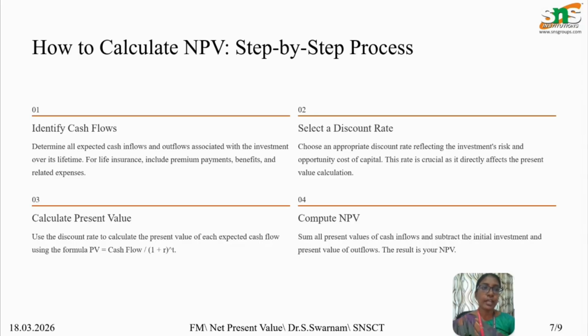Finally, we determine the NPV using the formula: NPV is equal to present value of cash inflow minus present value of cash outflow. If your result is positive, you can accept the project. If your result is negative, you have to reject the project, and you should not go for further investments.